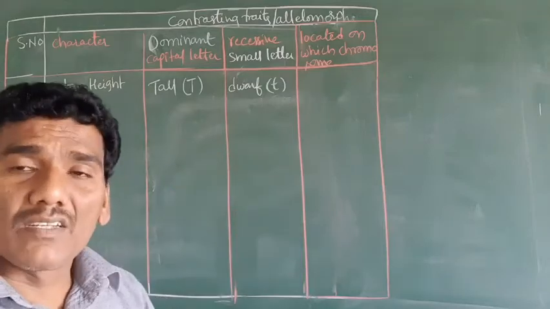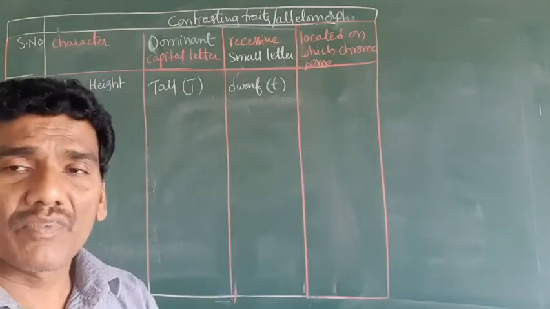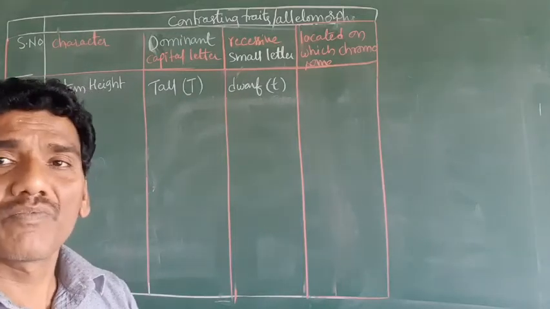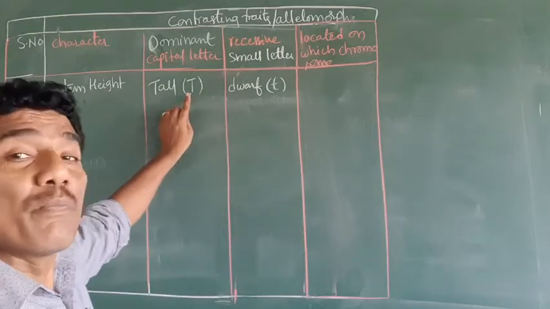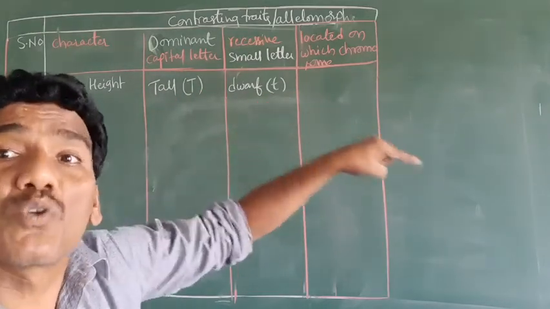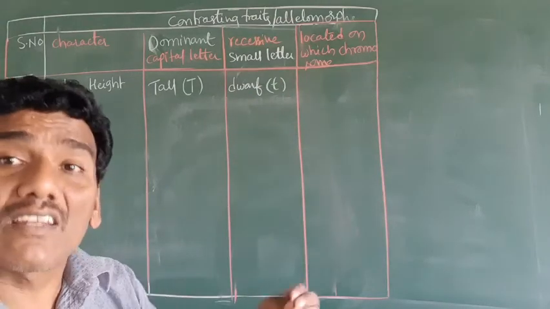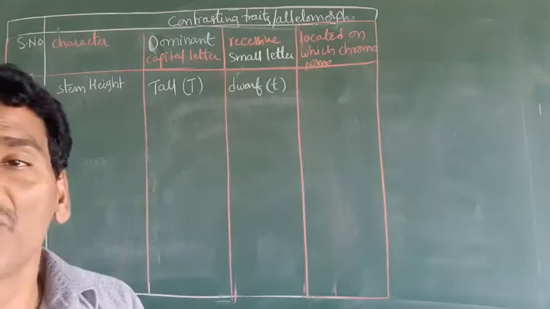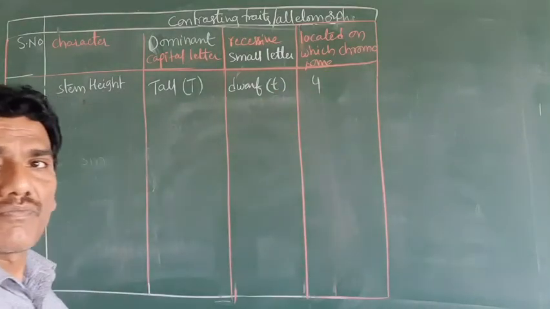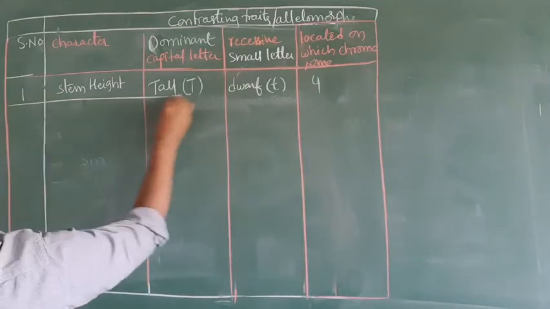In pea plant, the diploid number of chromosomes is 14. In pea plant, the stem height character is located on which chromosome? That is the fourth chromosome. This is one character.